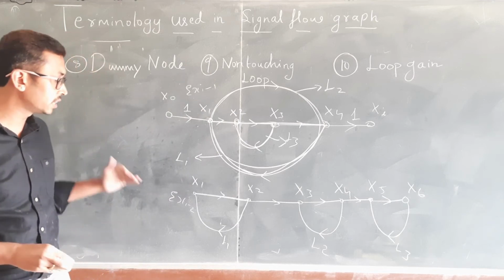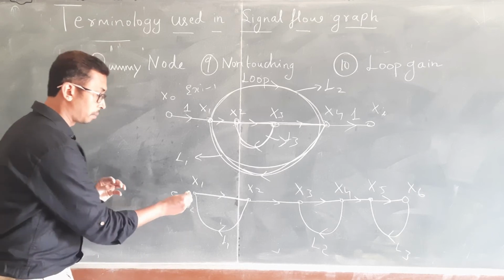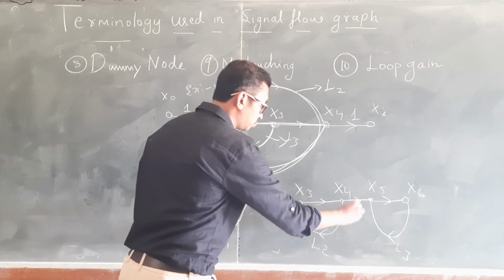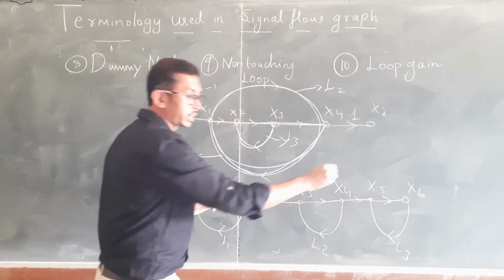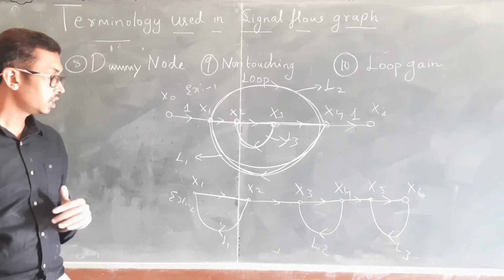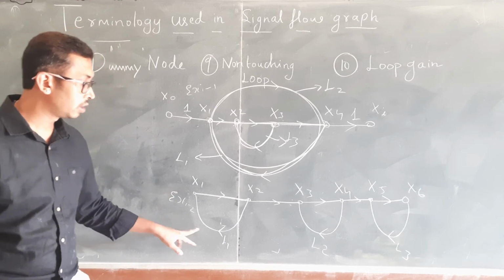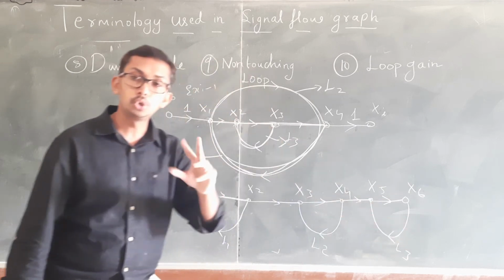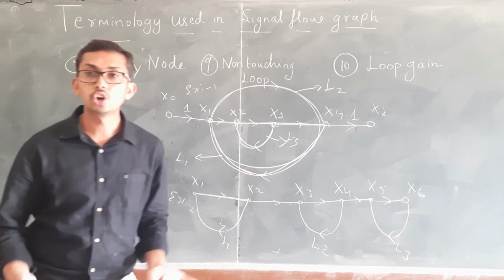Now let us take example number 2. Here we have 3 loops: x1, x2 and back to x1; x3, x4 and back to x3; and x5, x3 and back to x5. There are combinations of 2 non-touching loops. L1 and L2 is a non-touching pair. L1 and L3 is also non-touching. Next, L2 and L3 is also non-touching.